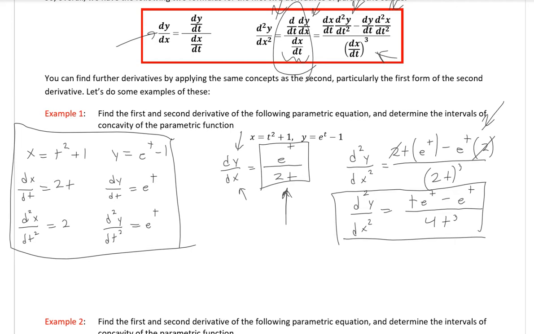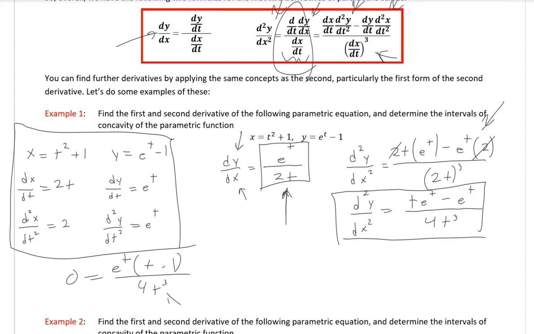Now what we need to do is also solve for the intervals of concavity. So what we need to find first is the value where this will equal 0. That will indicate the change of concavity. So where this equals 0: minus e^t, I can even factor that out and say e^t times (t minus 1) over 4t cubed.